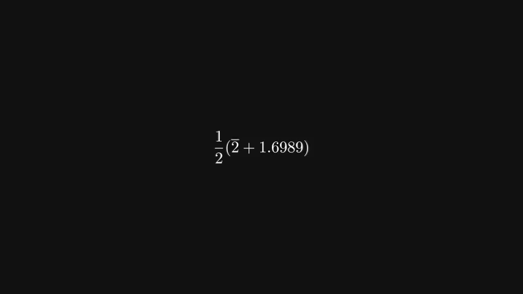We rewrite negative 1 plus 0.6989 as negative 2 plus 1.6989, so that dividing by 2 becomes easier. Now divide each part by 2, using the distributive idea.